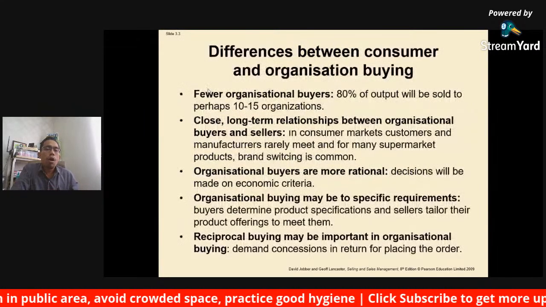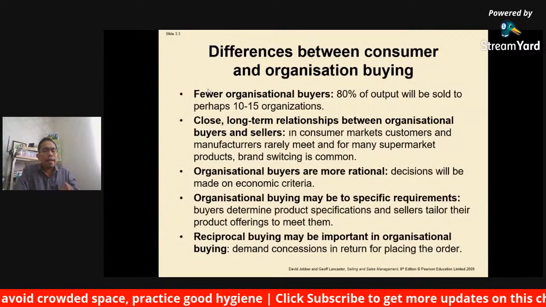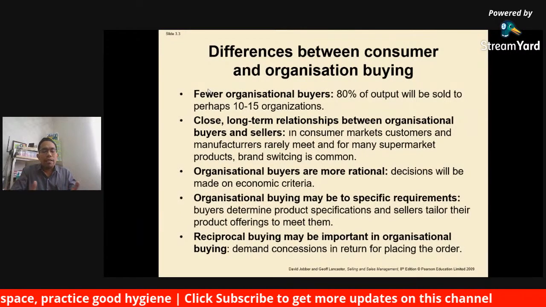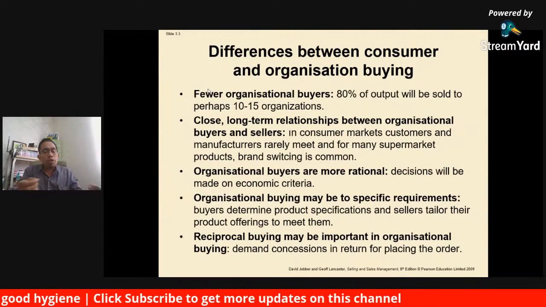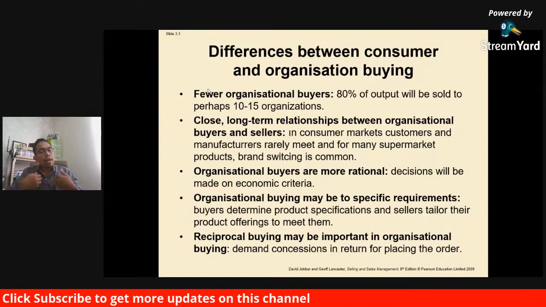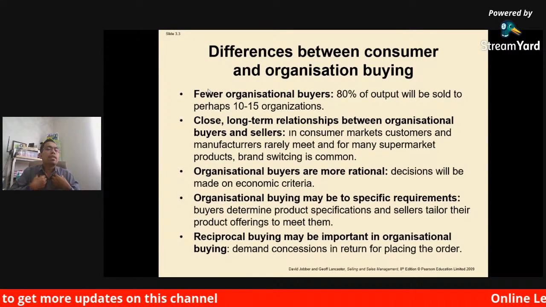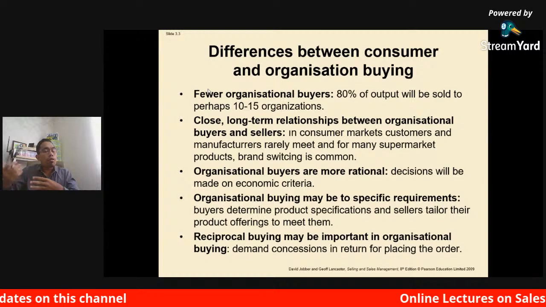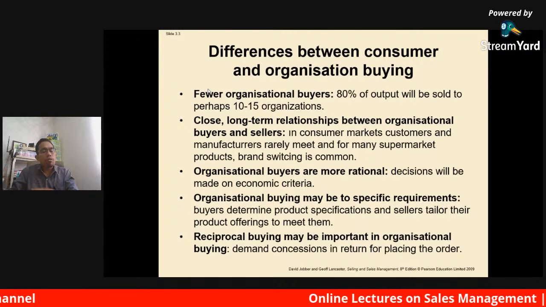So what are the characteristics that differentiate between consumers like us and the organizational consumer or organizational buyer?